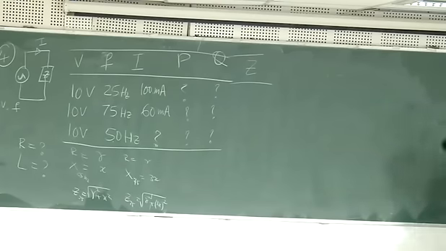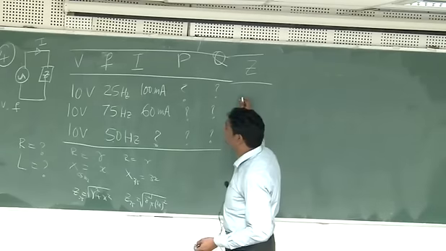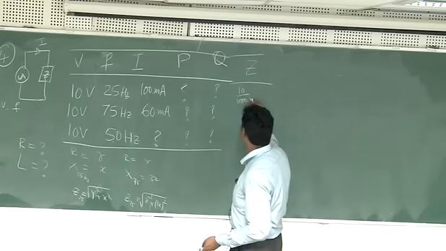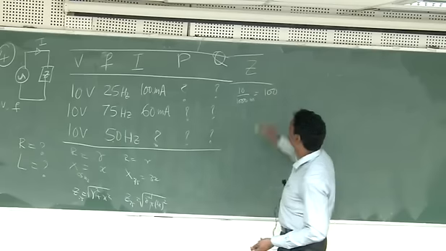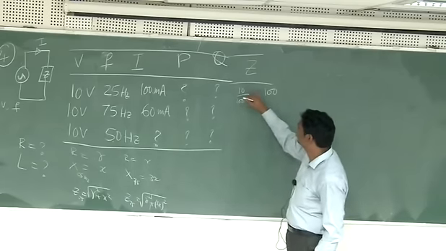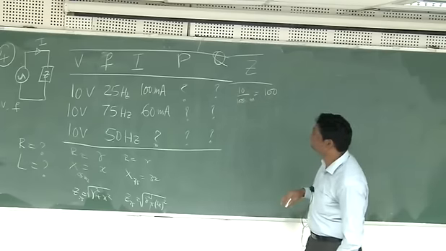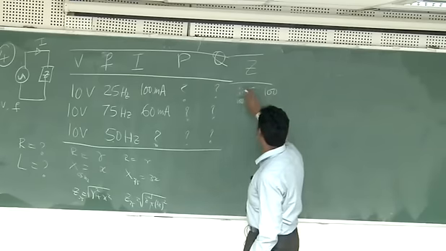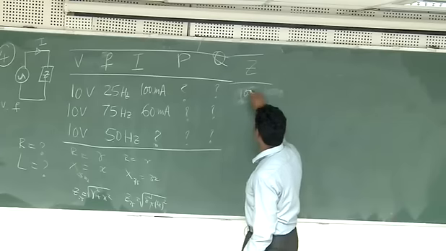So what is Z here, or V by I? 10 by 100 milli, so that will be 100 ohms.